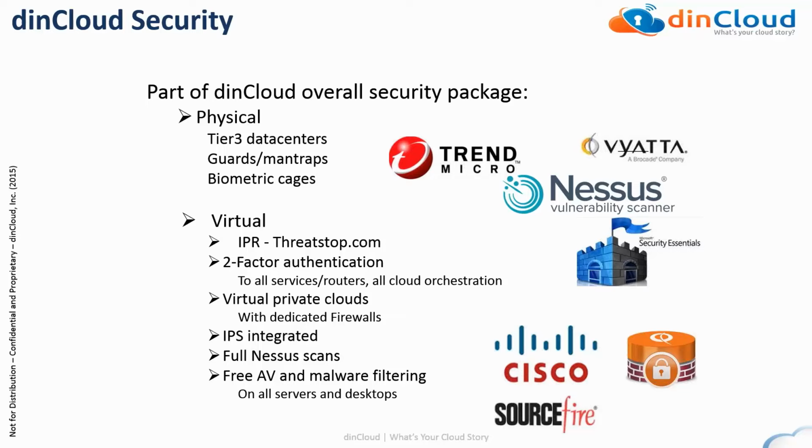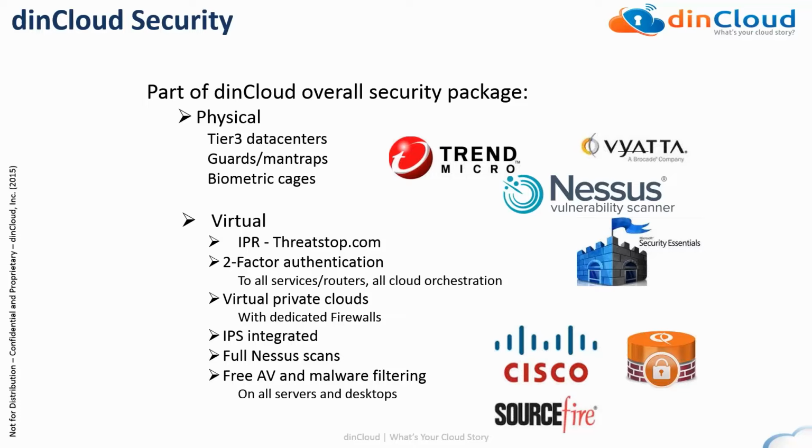We've put a lot of effort, both seen and unseen, into mitigating any threats to our environments. We are using proactive tools like ThreatStop for not only malware and bot detection, but also reputation IP, which is basically the big hit of the security world now.